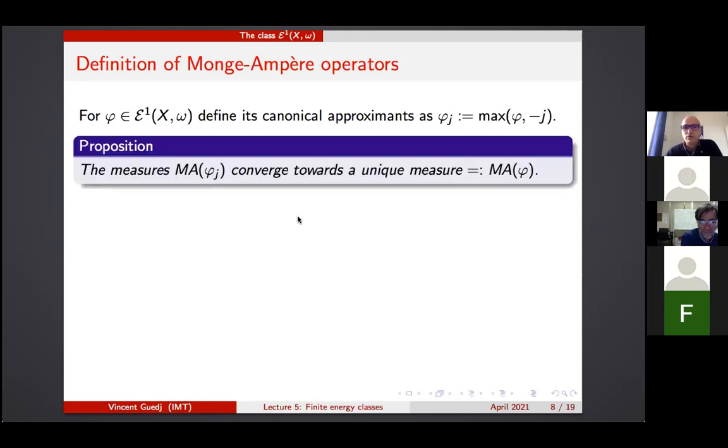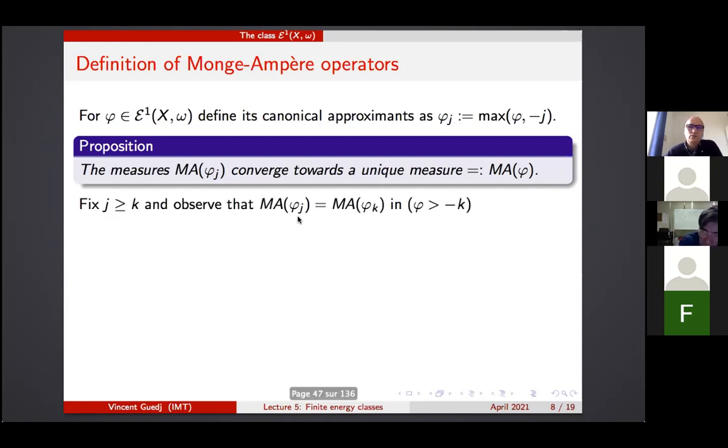Then the Monge-Ampère measures, Monge-Ampère of phi_j, are well defined by Bedford-Taylor theory, and the claim is that they converge towards a unique measure that we call the Monge-Ampère of the function phi. And the reason why this is true is not very complicated and resembles what I explained last Thursday.